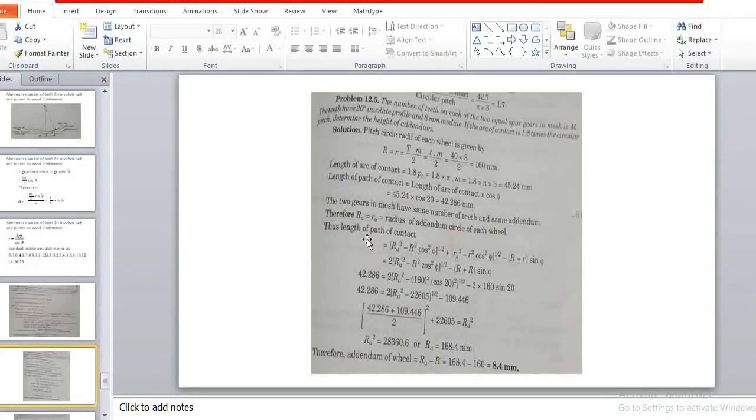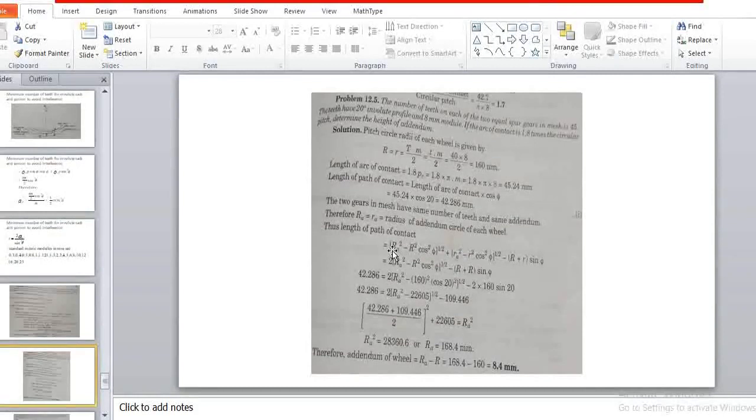Now for this length of path of contact we have a formula in terms of the addendum circle radius of the gear and the addendum circle radius of the pinion. Now capital R and small r are the same, as the two gears are equal.